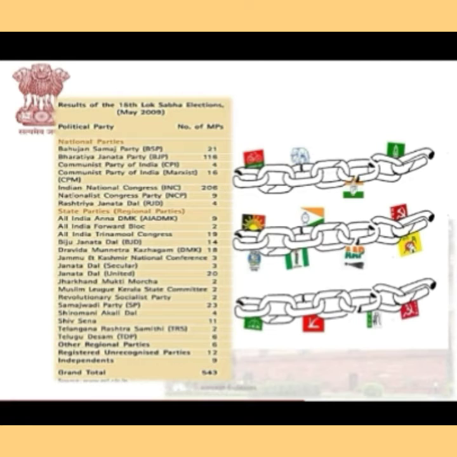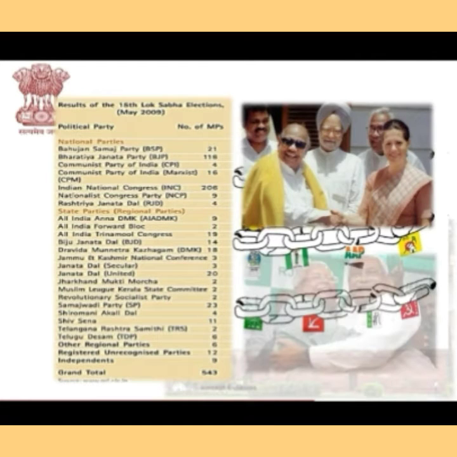Here, the Indian National Congress has won nearly 206 seats. Though it gets the largest number of seats, it is unable to form the government alone. That is why it forms a coalition with DMK, the local party. So the Indian National Congress with DMK will be ruling. Not only DMK, other political parties from northern states also supported Congress. On the whole, as a coalition, they will be ruling India.